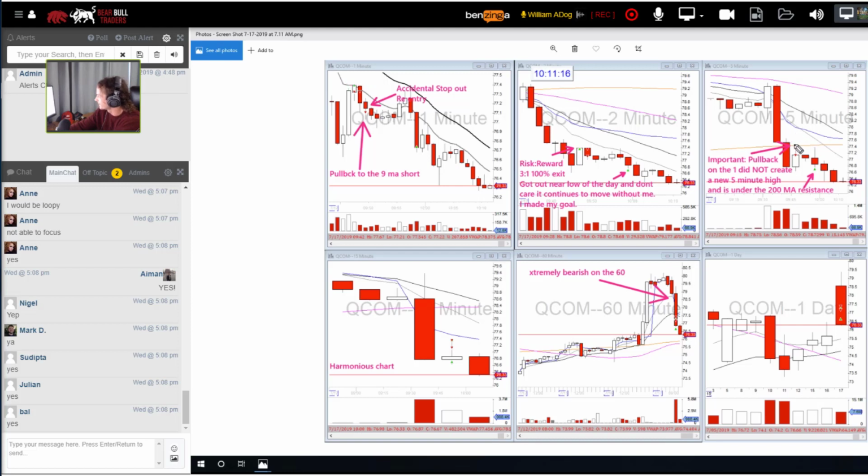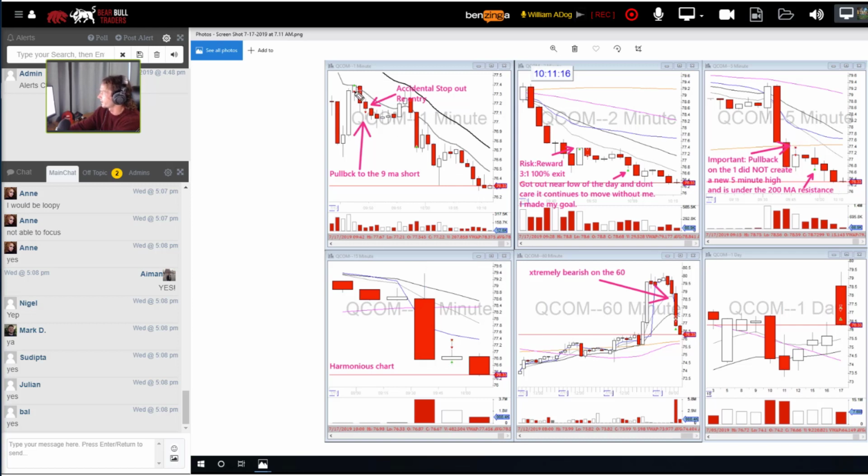But since it was still within a 5-minute low and not a new high, and it was acting under this resistance on the 5, I've got the resistance of the 9 moving average on the 1, the 200 on the 5, and it's in a gigantic 15-minute candle for a bear, just for a leg down, and I don't have any moving average I'm trading into. So even with this gap up, I'm still under all the moving averages, which is a really cool thing. I hope that makes sense.